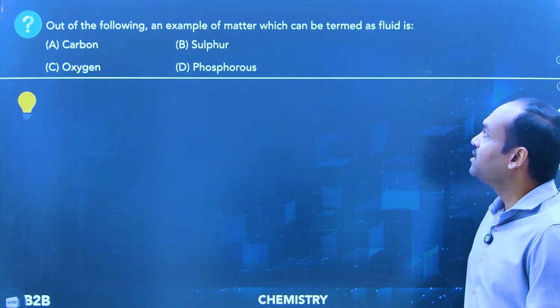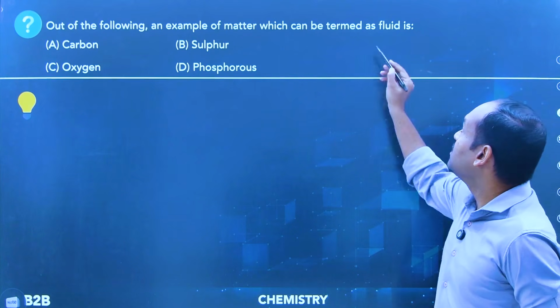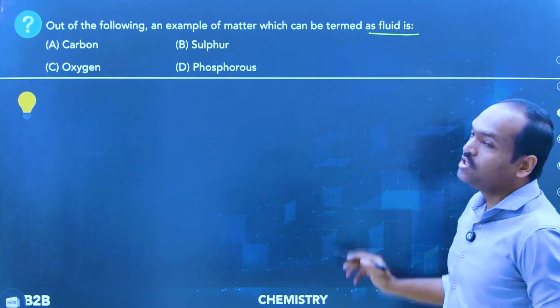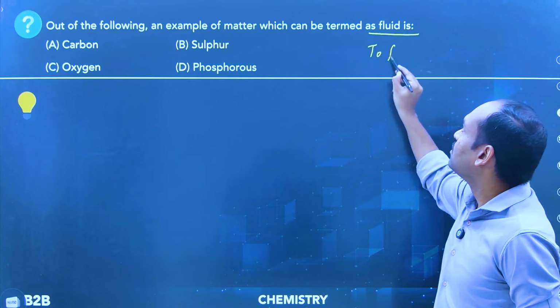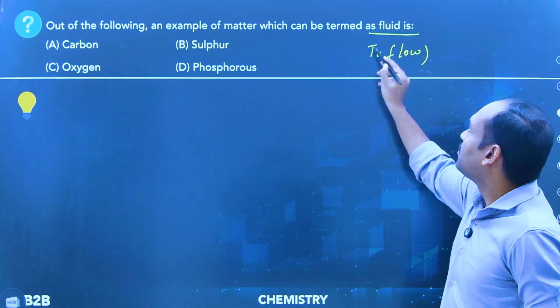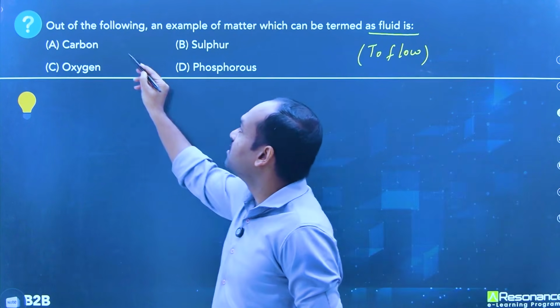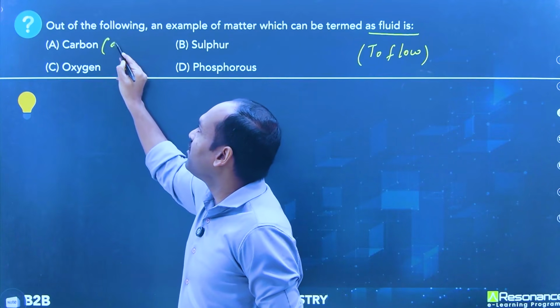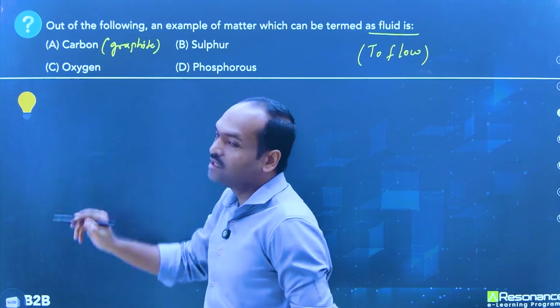Out of the following examples of matter, which can be termed as a fluid? A fluid means which has a tendency to flow, where intermolecular force of attraction is less. Carbon exists either in graphite form or diamond form, so this is solid.